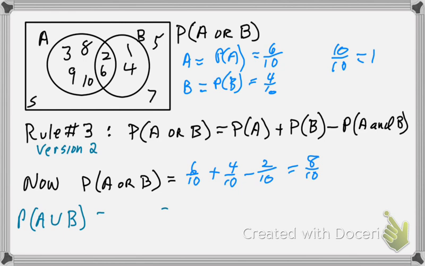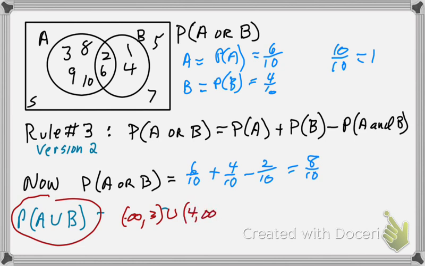You might also see the OR written like it is right down here, with a union in between. In math, OR also means union. So for those of you that did pre-cal, a lot of times we did an interval that said this went from negative infinity to 3, and then union, something like 4 to positive infinity, when we're talking about domains.